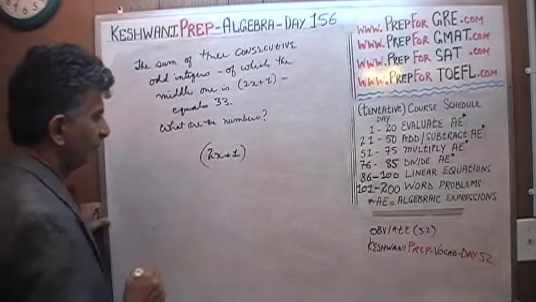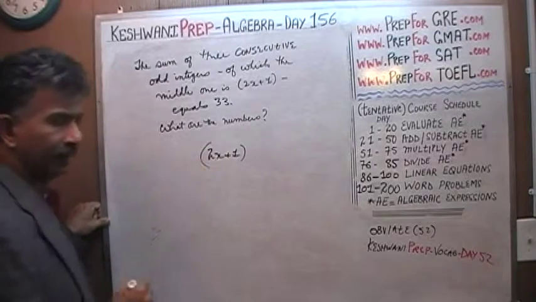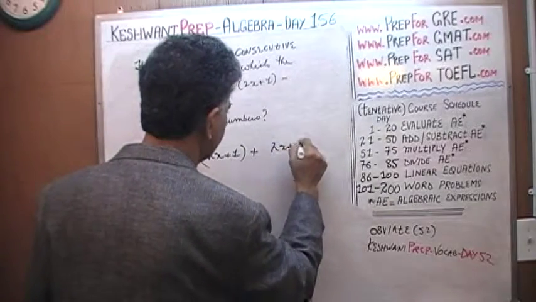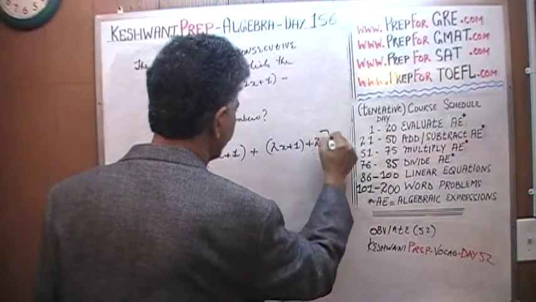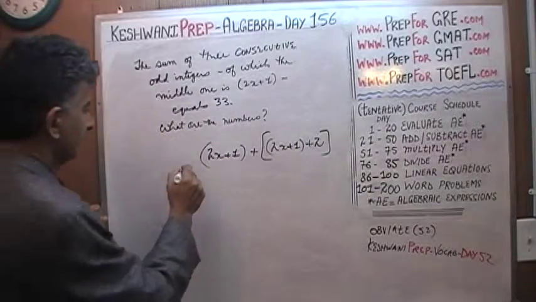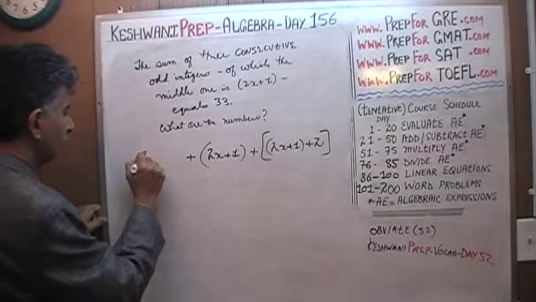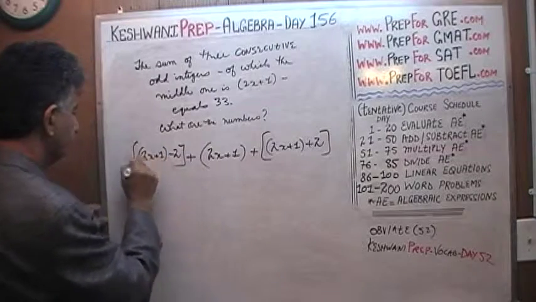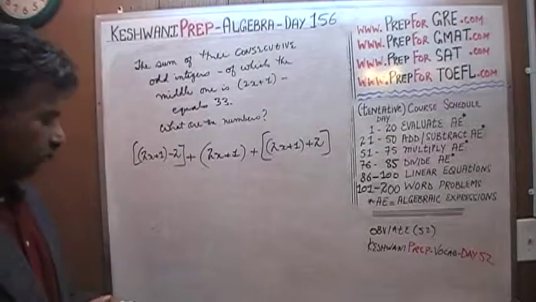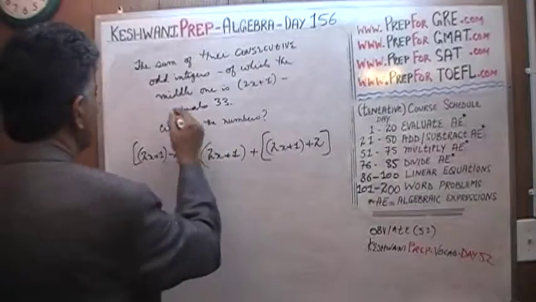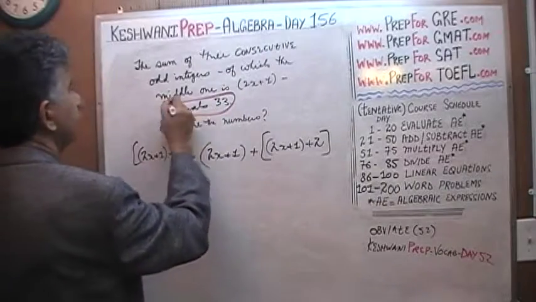If 2x plus 1 is the middle one, then the one that comes after it has got to be 2 more. So here's your 2x plus 1 plus 2. That's the one that comes after it. And the one that comes before it has got to be 2 less. So here's your 2x plus 1 minus 2. And we are told that the sum of these three integers equals 33.